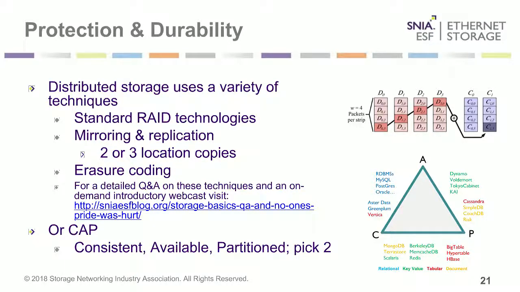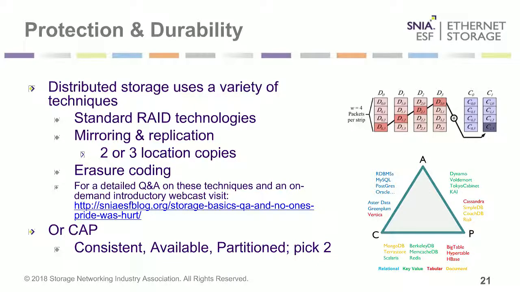The other thing we can do is think about our data a different way, and there's something called the CAP theorem. I'm not going to go into great detail here, and the diagram on the right gives you an example of that. Some applications require different ways of thinking about our storage. The CAP theorem is about, is the data consistent? In other words, if I write a transaction, does every location see the same transaction or the effect of that transaction? Is it available? In other words, can I see my data at all times?